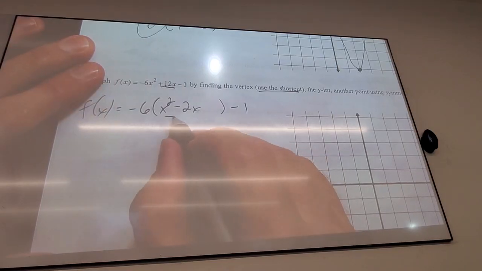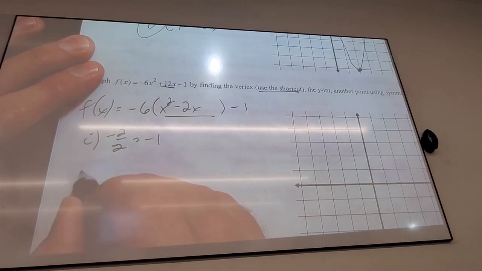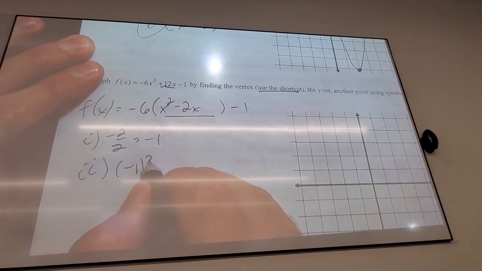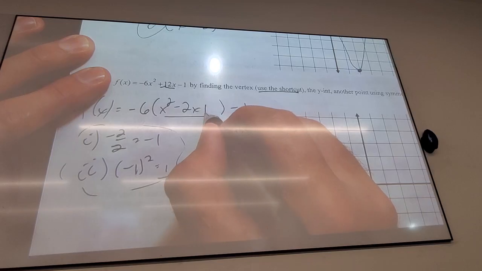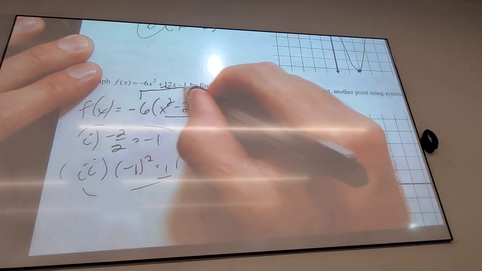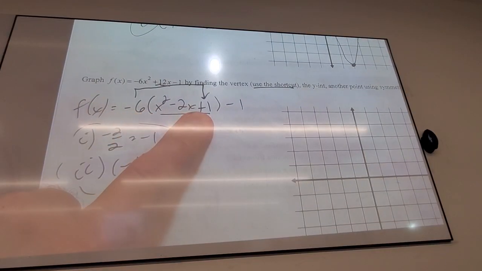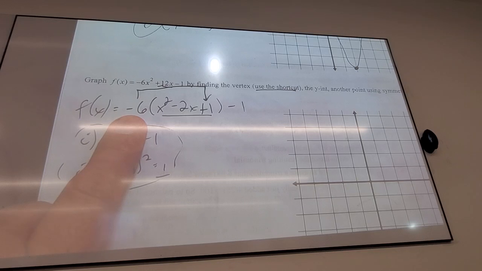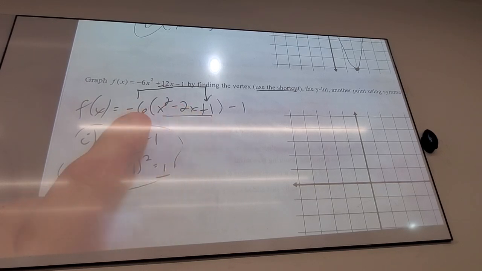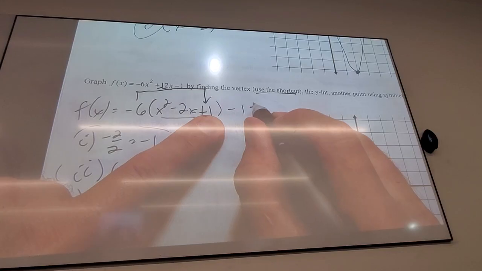And then if I complete the square, cut -2 in half, square it. That's what I've got to add here. Now here's where just about everybody tripped up. When I put a +1 there, I actually just subtracted 6, because whatever I put inside here is affected by this -6. So when I put a +1, I actually put a -6. So out here better go +6.